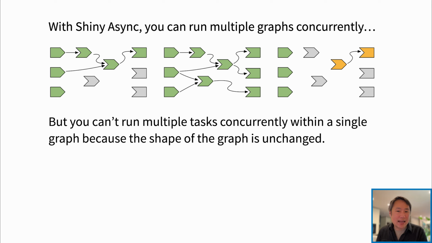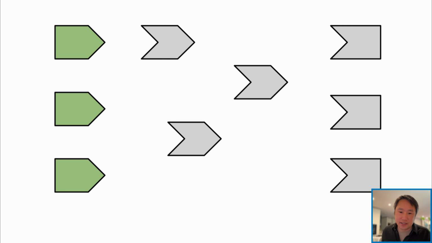So they each have their own while loop going, essentially. But you can't run multiple tasks within a single graph because the shape of the graph is unchanged. Like without changing the shape of this graph, we will never escape this inability to do intra-session concurrency.